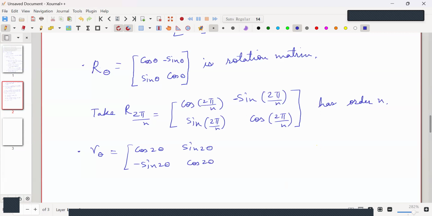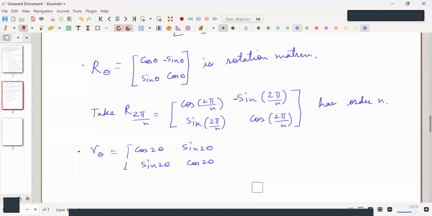This is for reflection by an angle theta. Oh, I made a mistake. Minus should come here. Now you can check that its square should be identity. So this matrix is a reflection matrix.